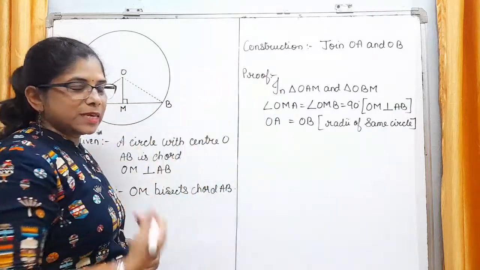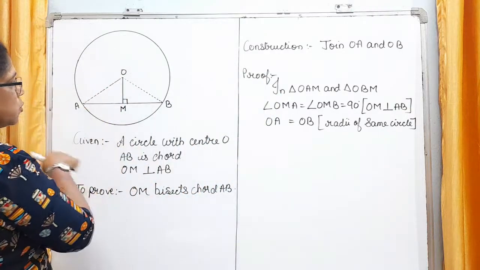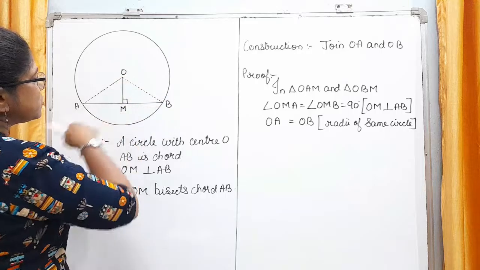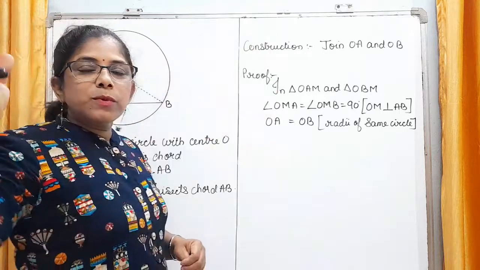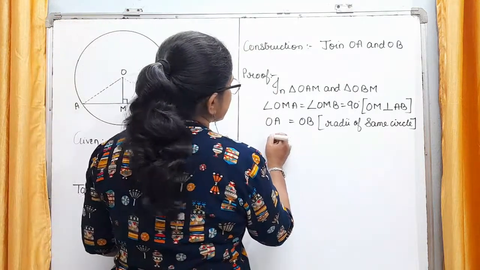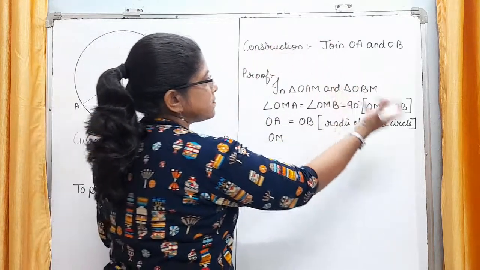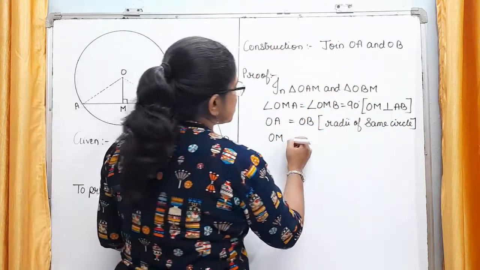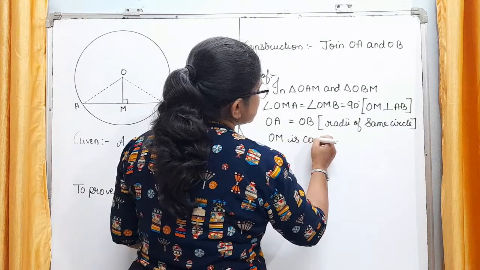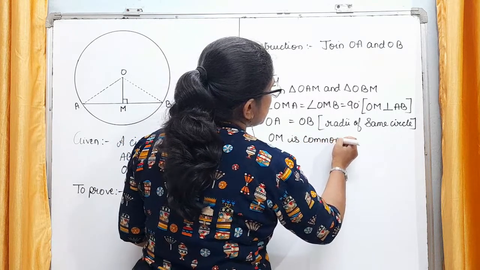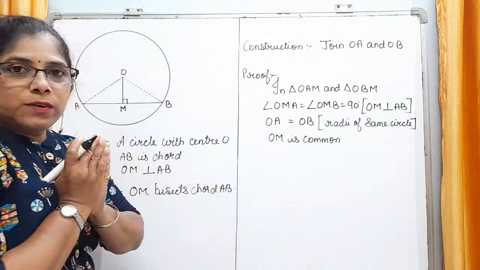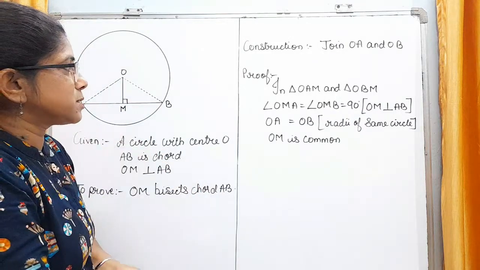Okay. Next step. Here for these two triangles, that is triangle OAM and triangle OBM, OM is common side. Means OM is shared by triangle OAM as well as triangle OBM. So OM is common.